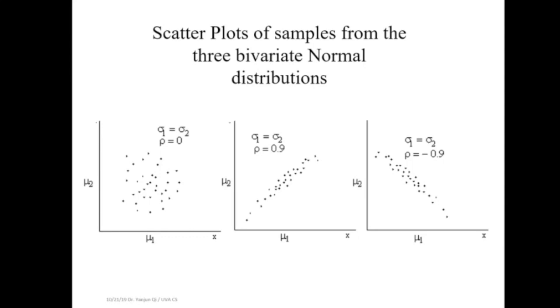It's more densely distributed in the center. And the spread here and here is the same, which is actually 2 sigma 2, and here is 2 sigma 1.